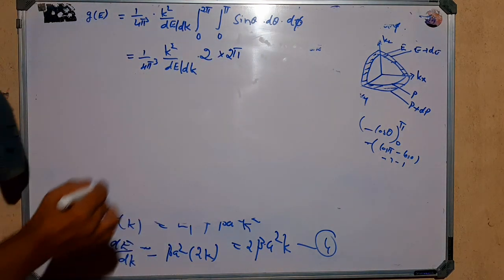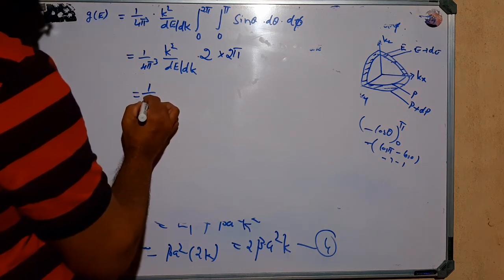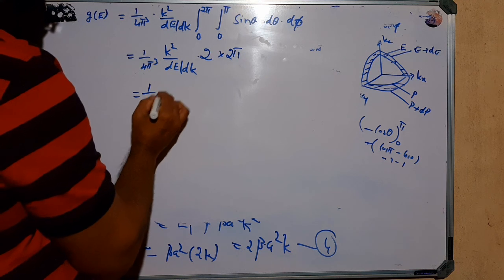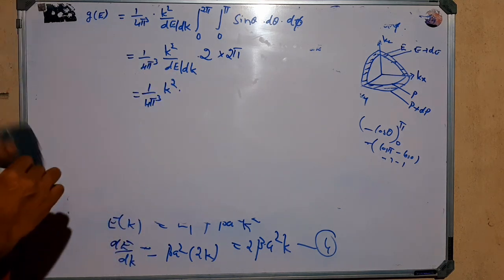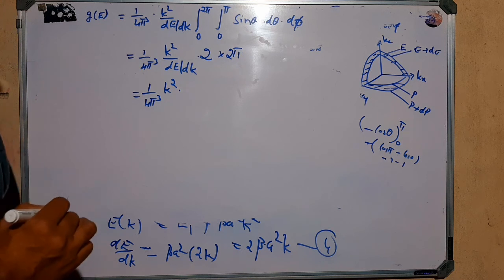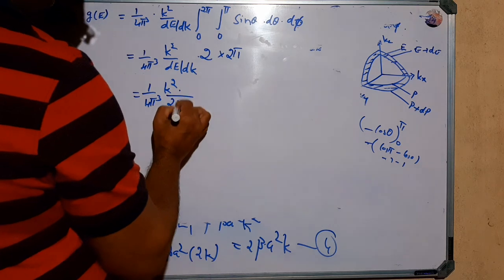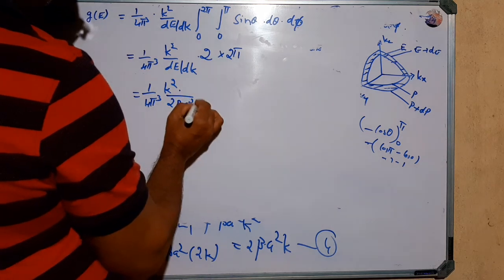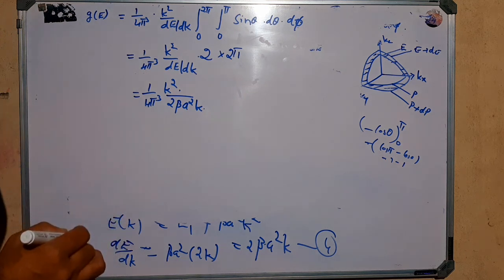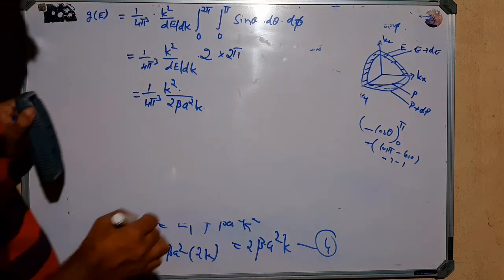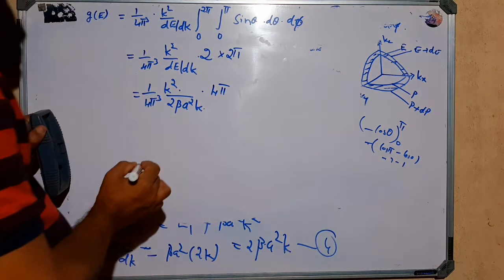So this is equal to 1 by 4 pi cube into k square into dE by dk, right? That one you have to substitute. That is equal to 2 beta a square k into 4 pi, right?